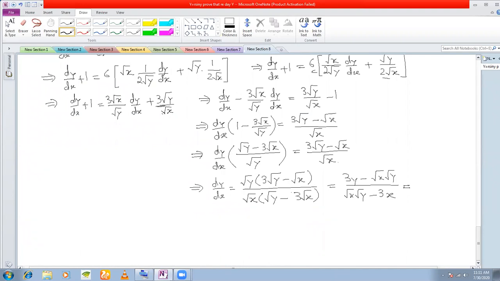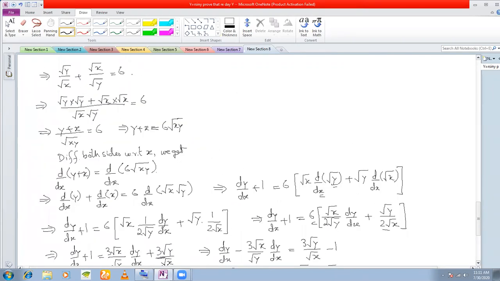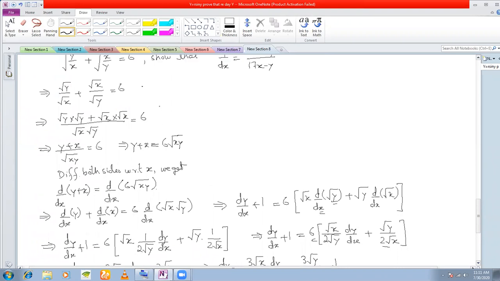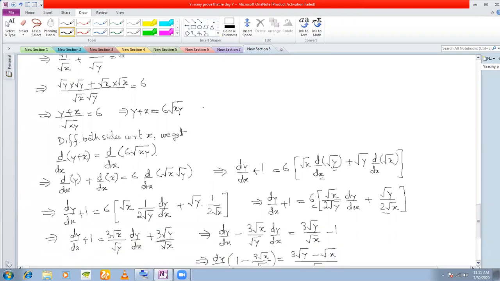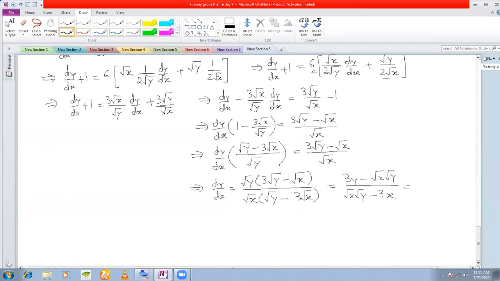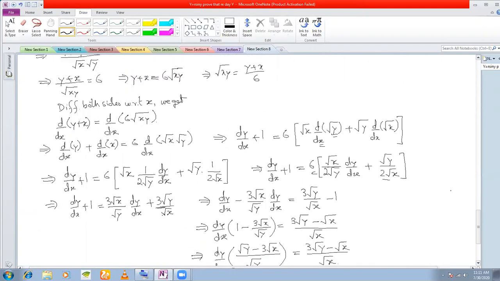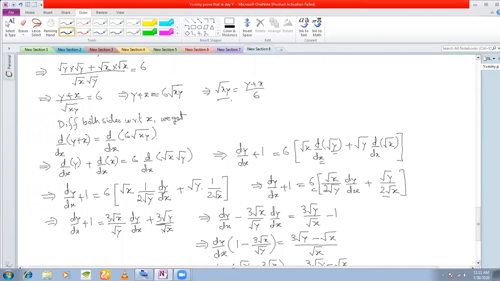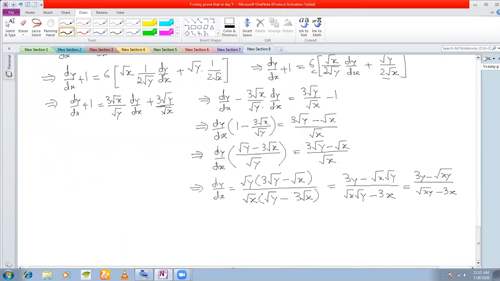Now see from here, from this step. What is the value of root xy? It is y plus x by 6, isn't it? Did you understand? From this step, I take out the value of root xy is equal to y plus x by 6 and put it here.